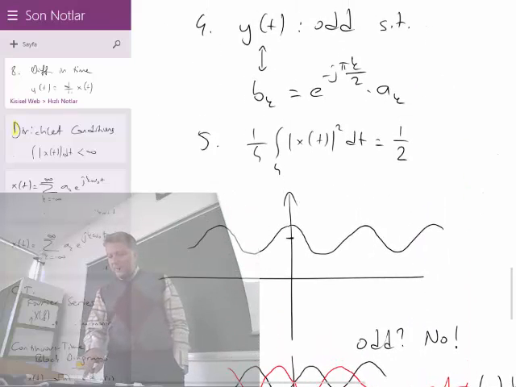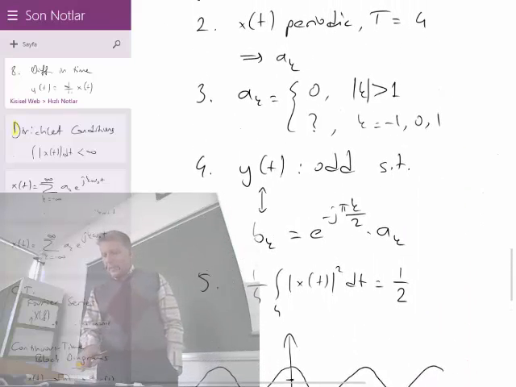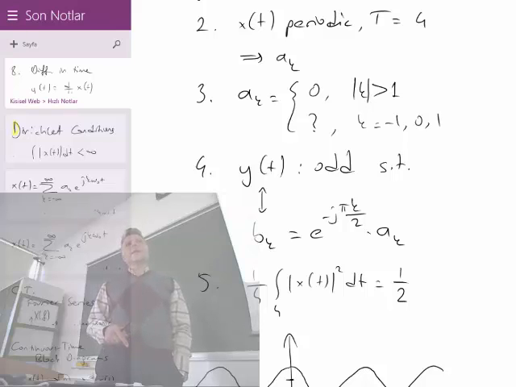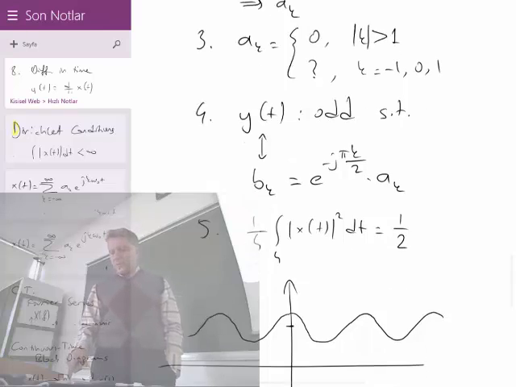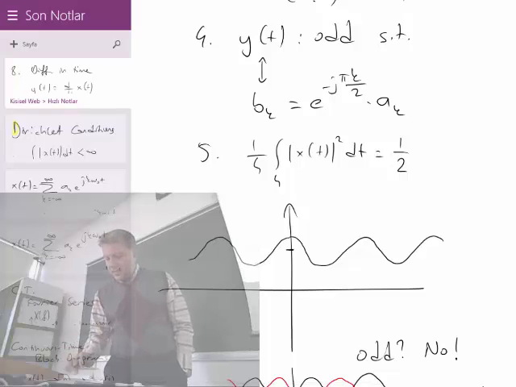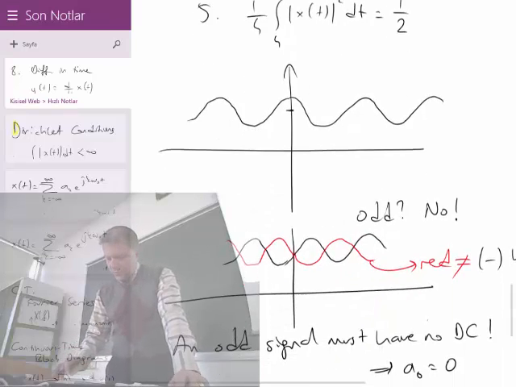Previously, from the information, we already know that AK is valid for k is equal to minus 1, 0, and 1. And now we only discovered that there is no A0. It is only for k is equal to minus 1 and 1. And then from 4 we need to measure how much shift it corresponds to.